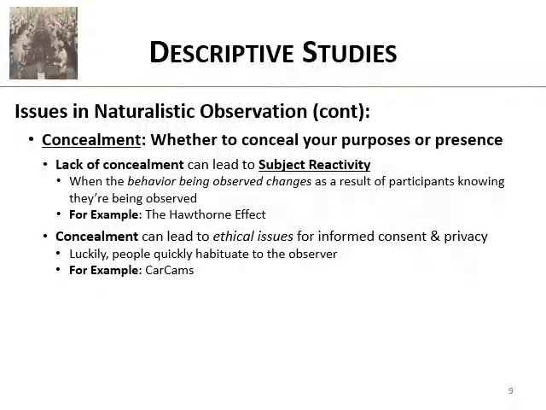Initially they were pretty stiff, but I got to tell you, after about 2 weeks of the cameras being in these teens' cars and them driving around, they were chatting on the phone, picking their nose, doing all sorts of things in the cars they weren't supposed to do. So it does seem like they habituate pretty quickly to things. So you don't always have to conceal yourself to get good data.